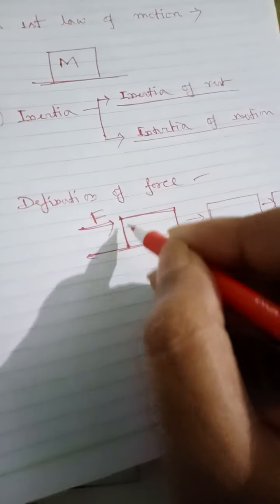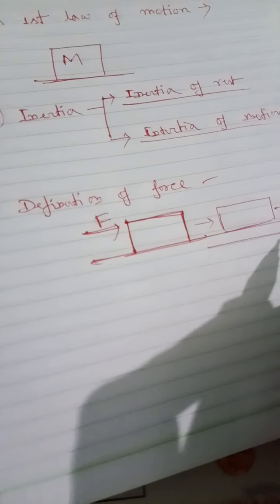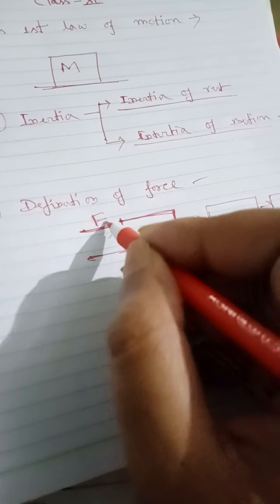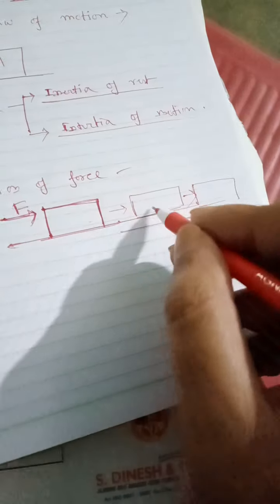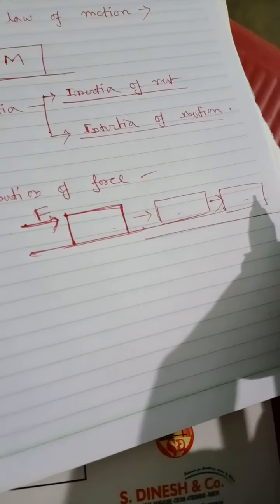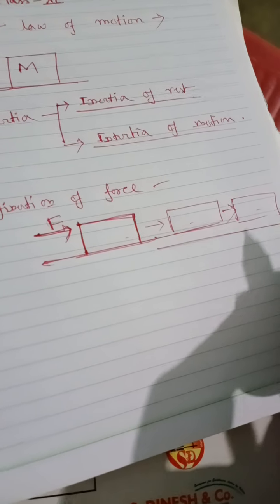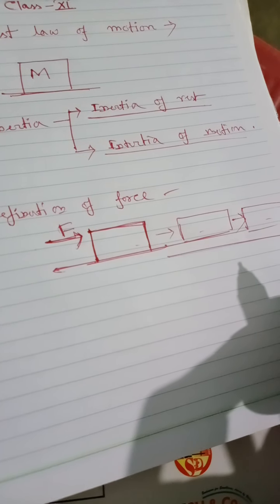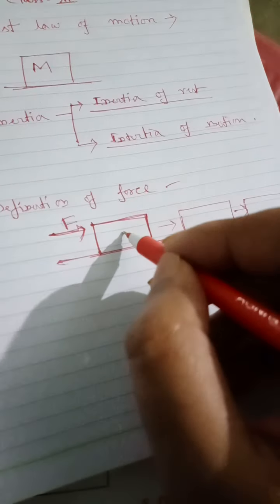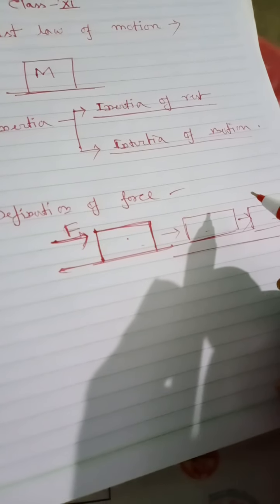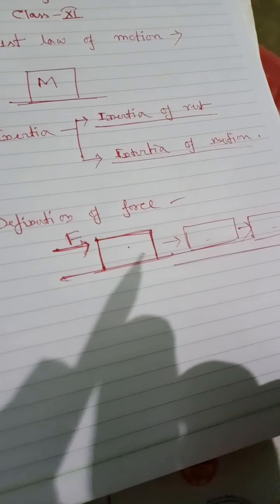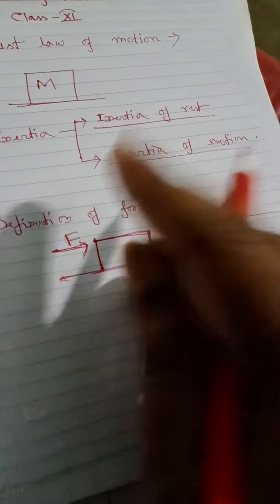That means at first the body was in inertia of rest, and when you apply an external force on it, the body starts to move. That means the body comes into inertia of motion. So here the body was in inertia of rest, and at last it comes to inertia of motion. That means the inertia of the body is changed.